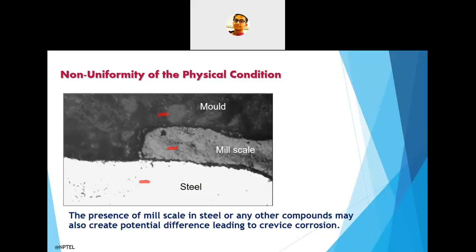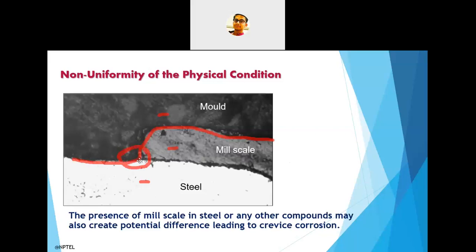When you remove the mold, you will find a steel surface structure like this. Nowadays, in most cases, we remove this mill scale, but there may still be some mill scale present on the steel surface, which may create a corrosion cell in that particular region and generate corrosion.